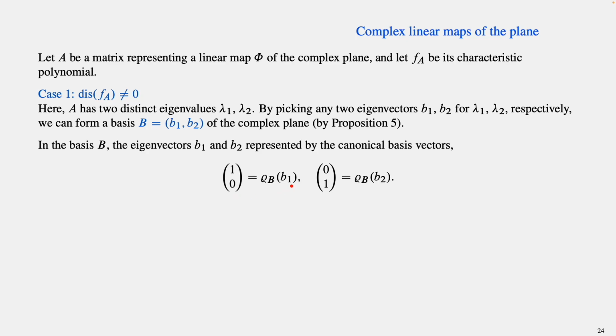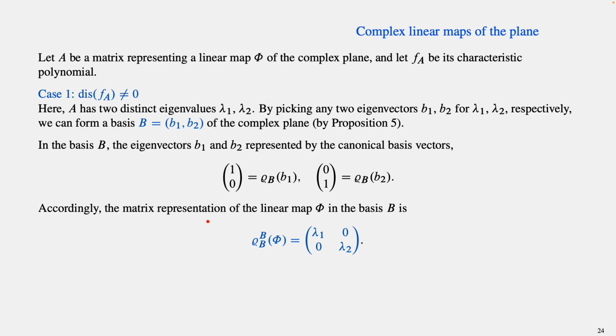So the first basis vector is represented by the first canonical basis vector, and the second eigenvalue basis vector is represented by the second canonical basis vector 0, 1. And accordingly, any matrix representation of the linear map phi in this basis B is of the form rho BB of phi, lambda 1, 0, 0, lambda 2.